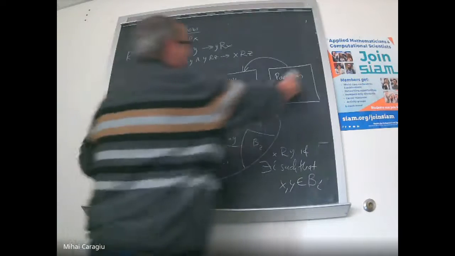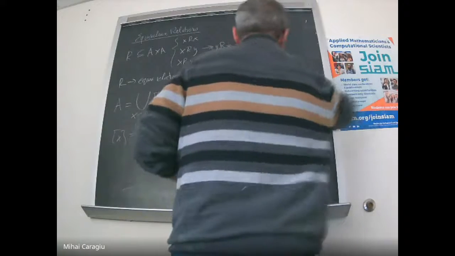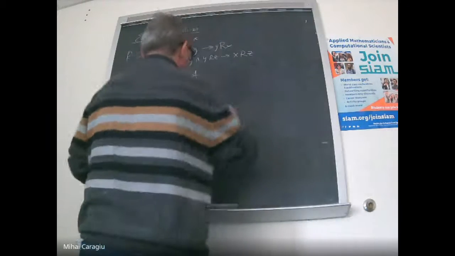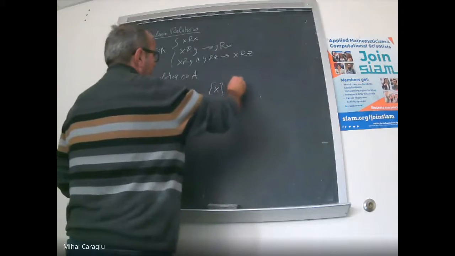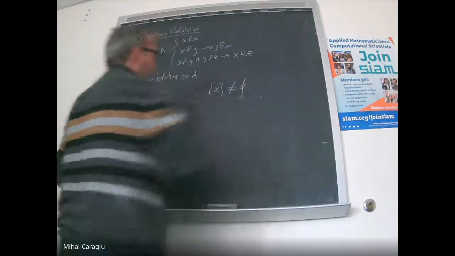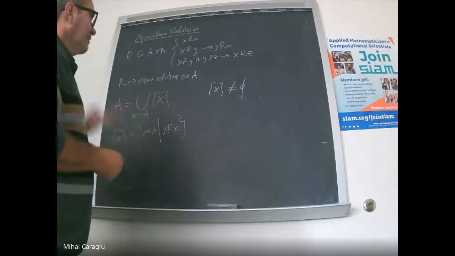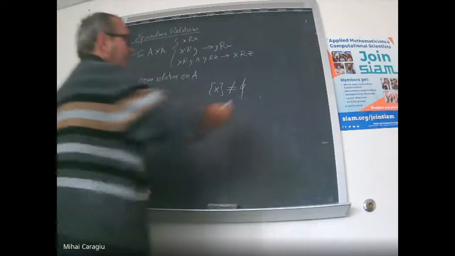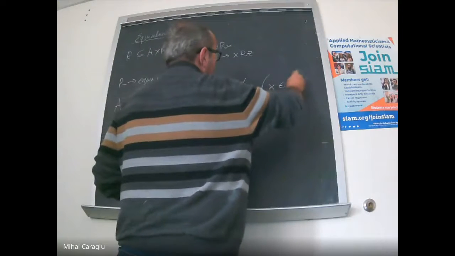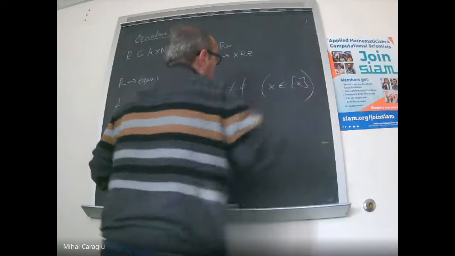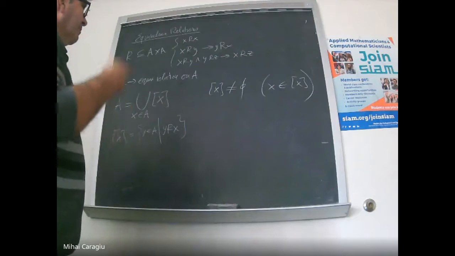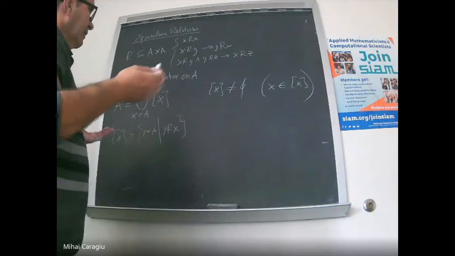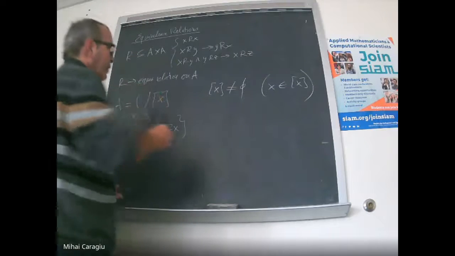Okay, so let's develop some ideas here. How to prove, for example, that every block of the partition is non-empty? Because it contains at least X, because X belongs to the block of X. Now, with respect to blocks being equal or disjoint, we have two choices here.